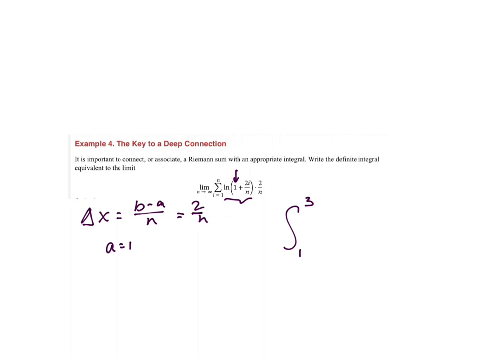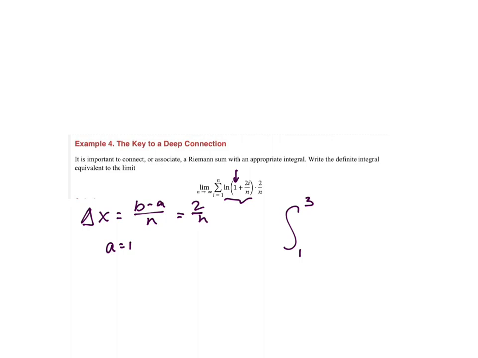Okay. So, Noah, we're looking at this function right here. Do you see the 1? That kind of stray 1 that doesn't feel like it's a part of delta x? That's how I feel like it's a. Are you with me? It's nested into the function. Feels like it's part of f of x, but it's not delta x. That means that a is 1, and if b minus a equals 2, then b must be 3.